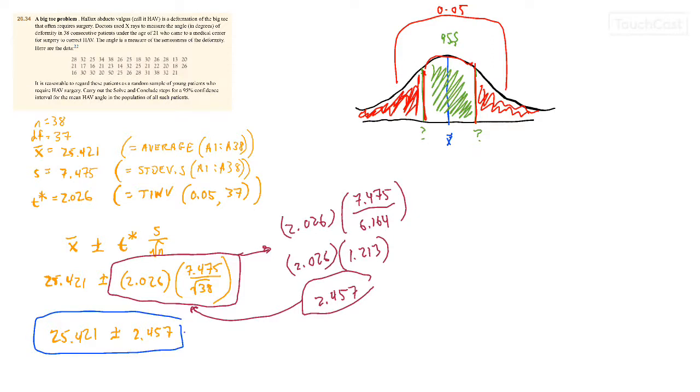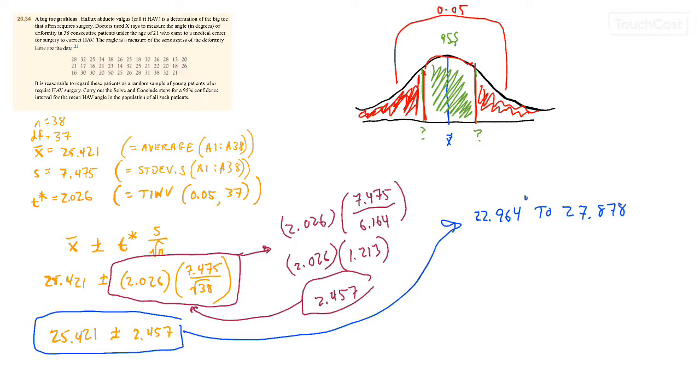And what that translates to is that I have this range of values. If I add 2.457 to the mean, 25.421, and I subtract 2.457 from 25.421, I should get a range of 22.964 to 27.878.